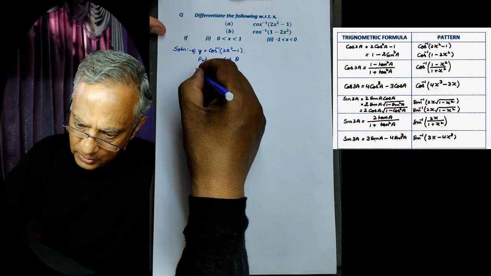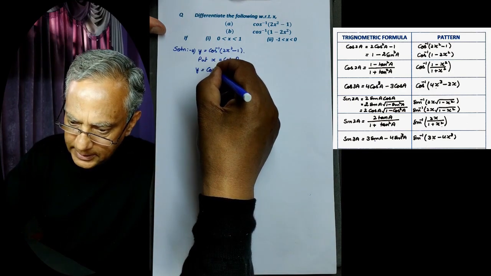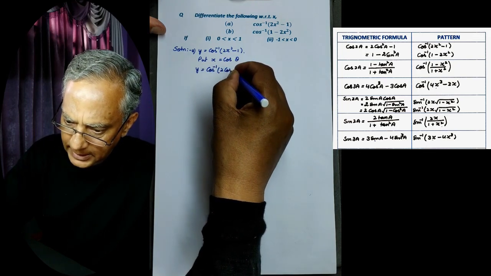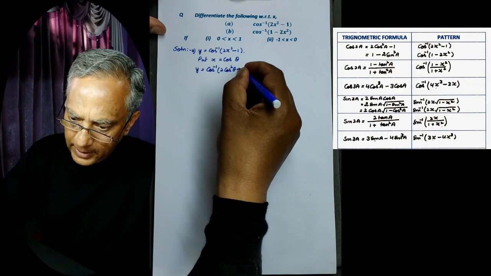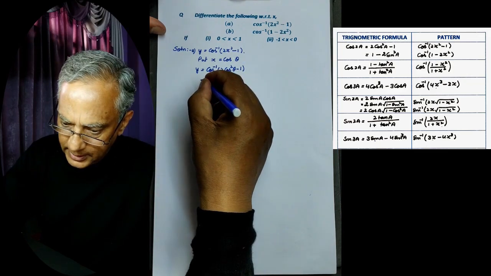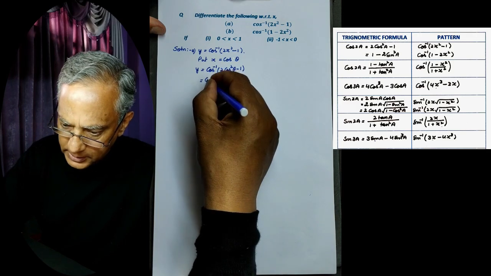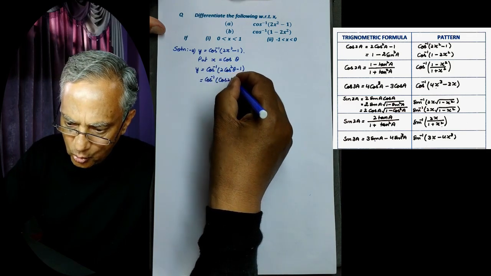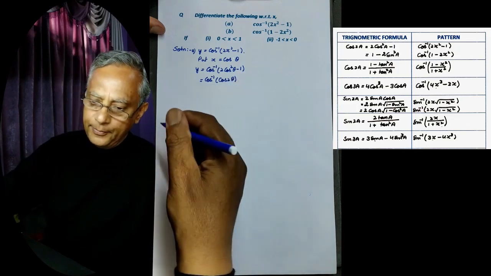So what we get is y is equal to cos inverse of 2 cos square theta minus 1. This is equal to cos inverse of cos 2 theta.